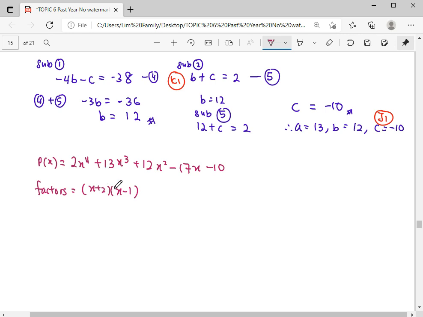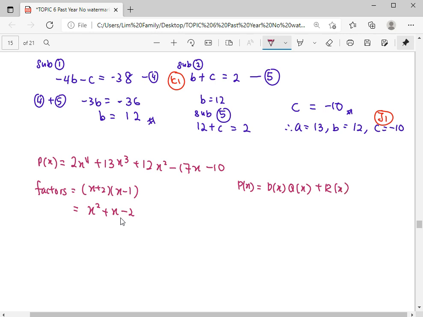Alright, so we will divide by these two factors together. When I want to divide, I expand the quadratic here so that I can do the long division easily. Here is x squared, then minus x plus 2x plus x minus 2. So this factor will become our divisor. Because your polynomial equals your divisor times your quotient, plus your remainder.